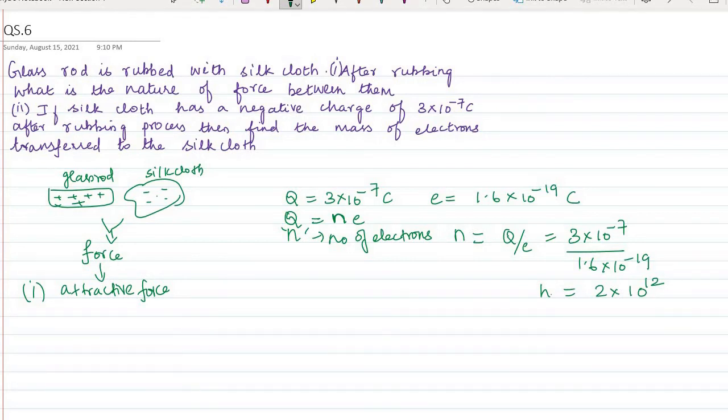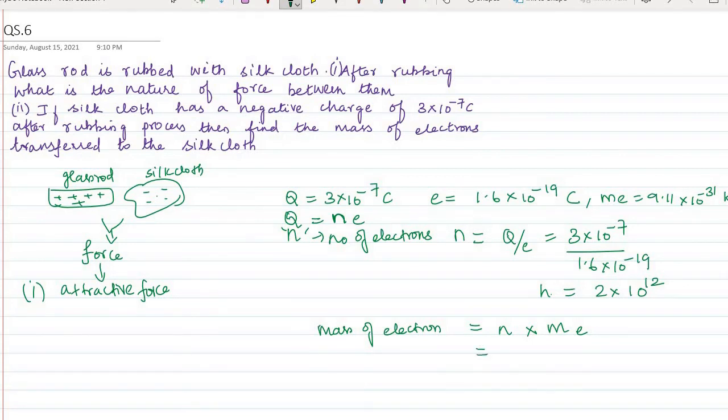Next, they asked what is the mass of electrons that is transferred. The mass of electrons transferred is equal to the number of electrons n multiplied with the mass of an electron. The mass of the electron is 9.11 into 10 to the power of minus 31 kg.